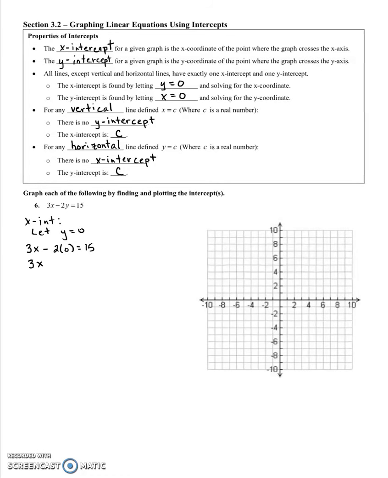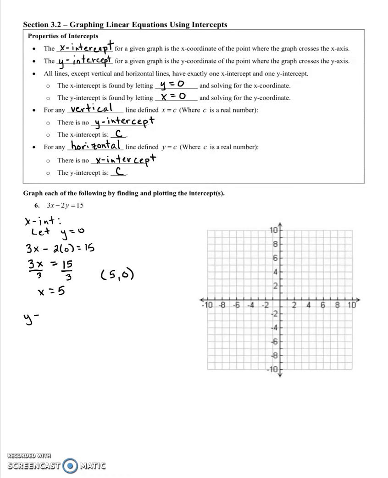So 3x minus 0, so I'm not going to write that, equals 15. And dividing both sides by 3, we have x equals 5. So our x-intercept is the point (5, 0).